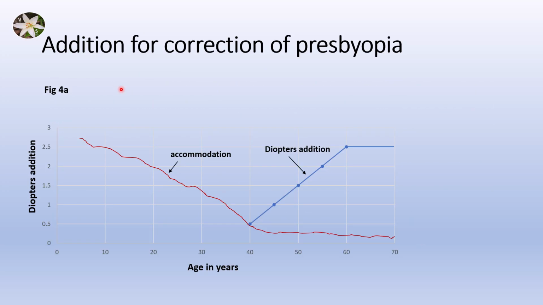Here we see that though the capacity to accommodate begins to decline at a very early age and continues as the age advances, the need for additional glasses for near work becomes clinically manifest at about the age of 40 years and continues to increase by about plus 0.5 diopters every 5 years to reach a maximum requirement of plus 2.5 or plus 2.75 addition by the age of 60 or 65 years.